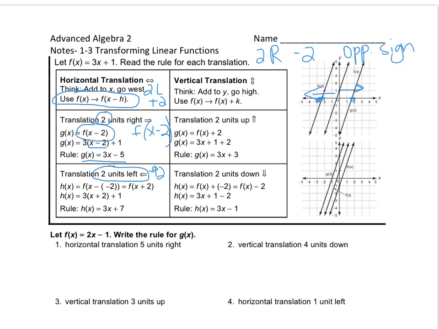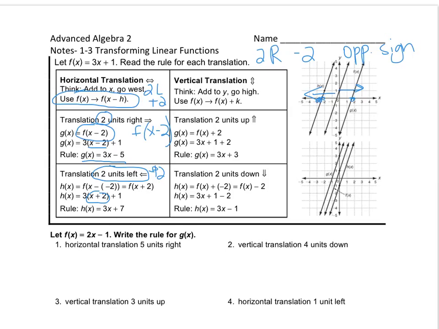There's a couple ways you could think of it. You could think about the opposite sign, or you're always subtracting the number, which will end up being adding the number when you're moving to the left. So again, I'm going to take this x plus 2, substitute it right here, and then simplify, distribute, and combine like terms.